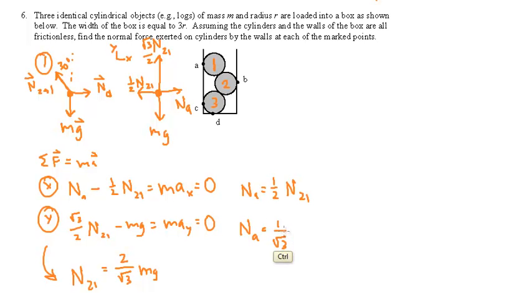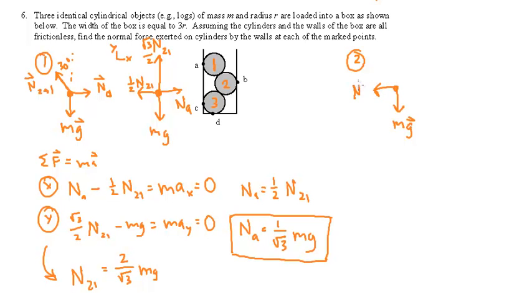Then we can plug that in up here, and we get that n at point A is going to be 1/2 of n21, so 1/2 of this 2 over root 3 mg, so it's going to be 1 over root 3 times mg. So that's the magnitude of your normal force at point A. And that's one of the 4.